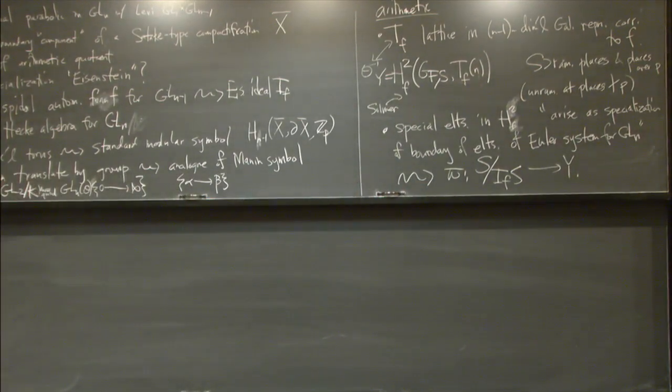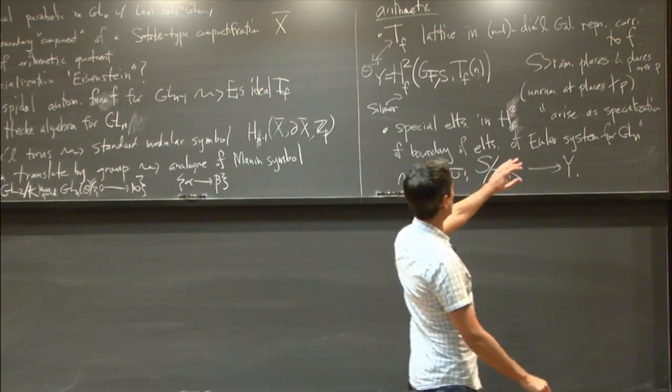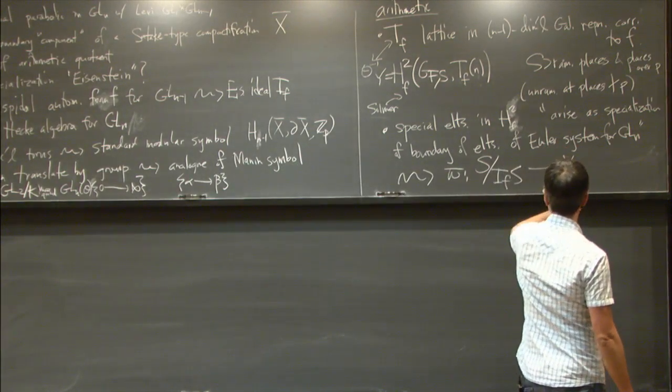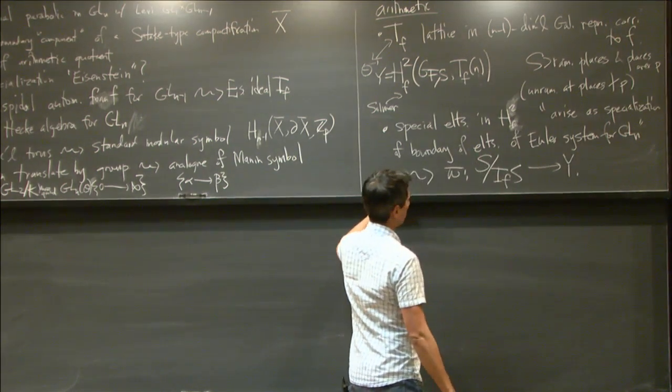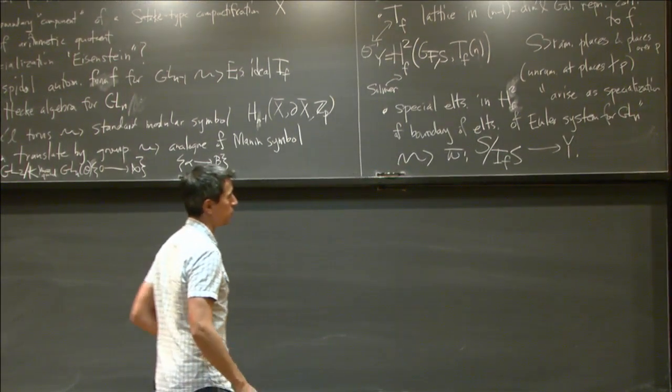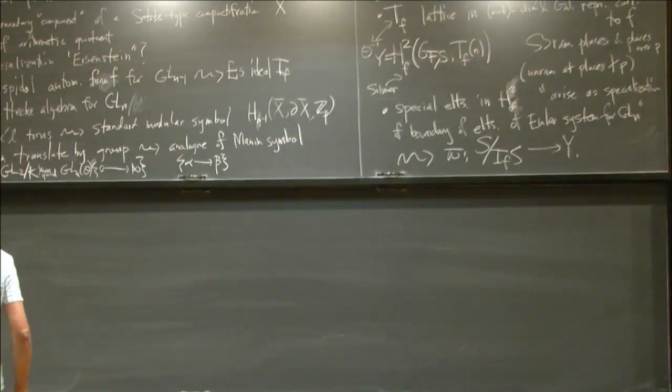Even without knowing what the above statement means, the idea is that you would hope that these elements would be parameterized in some way by the same thing that parameterizes the Manin symbols.